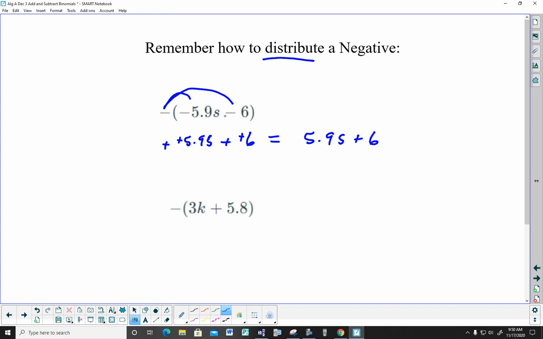These were both negative, so this changed their signs to both plus. That's a positive 3 right here. This negative sign is going to make it minus 3k. That plus is now going to become a minus. So it changed the signs of everything that's inside.